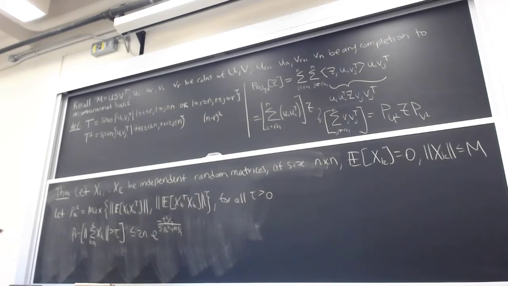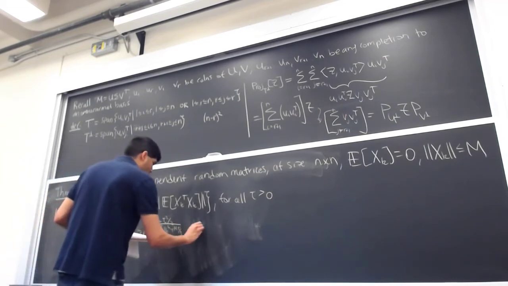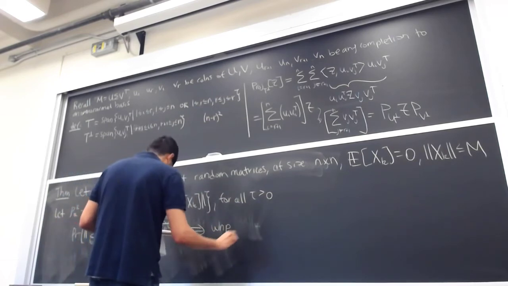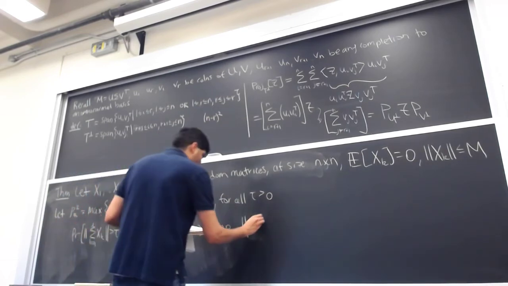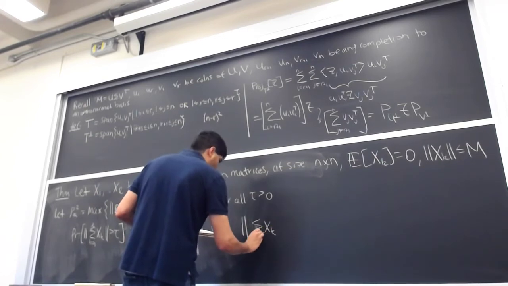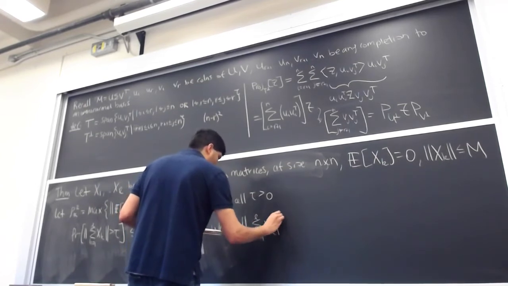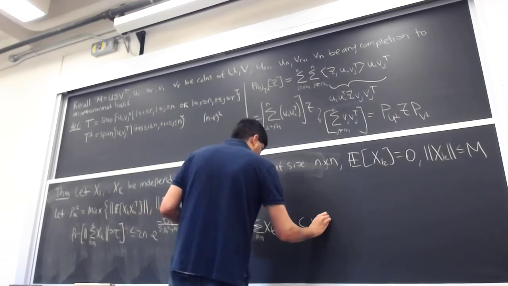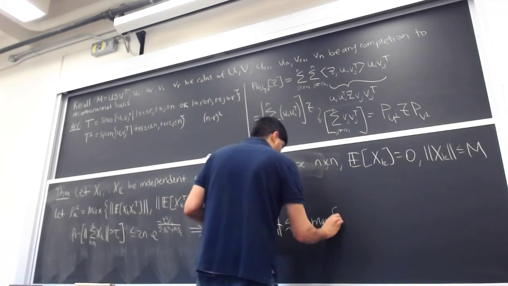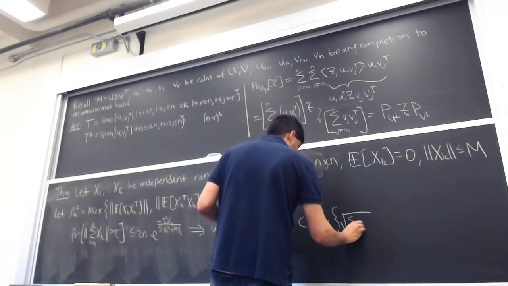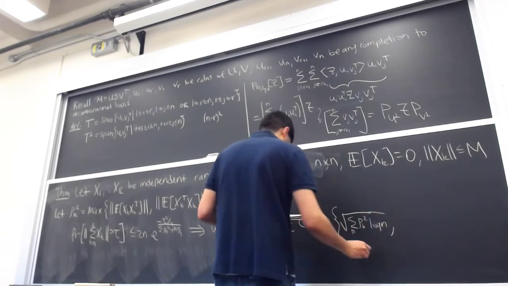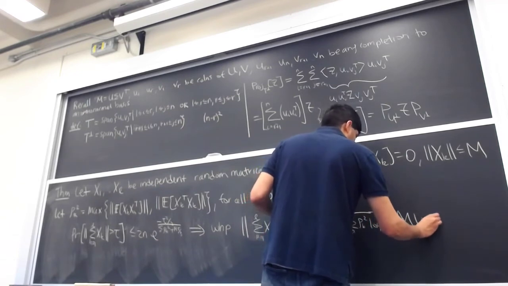But the important consequence of all of this is that with high probability, the operator norm of the sum of X_k from k equals 1 to L behaves roughly like c times the max of the square root of the sum of rho_k squared times log n, and m times log n.